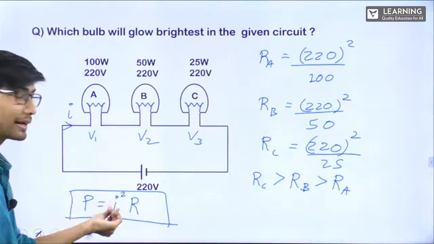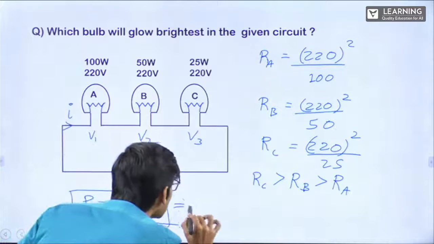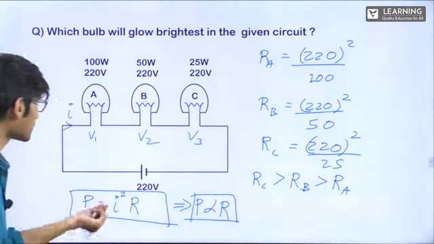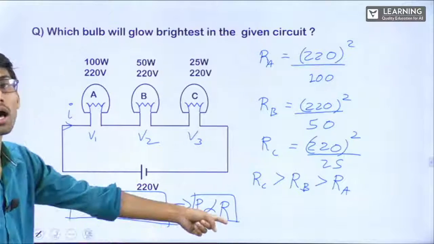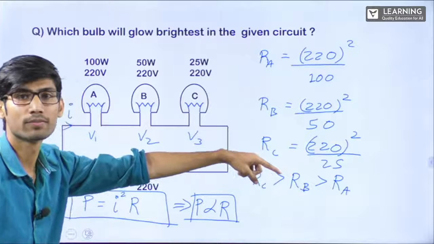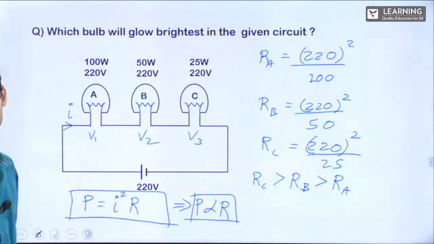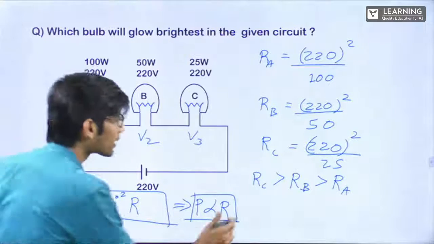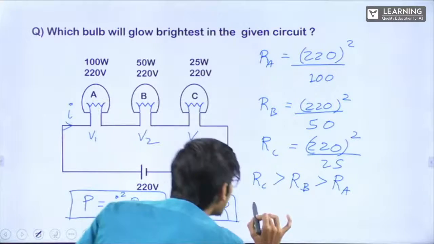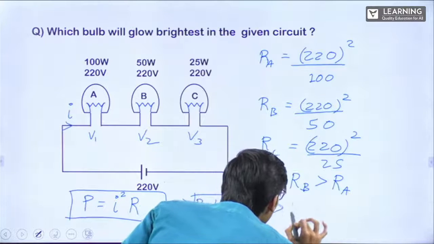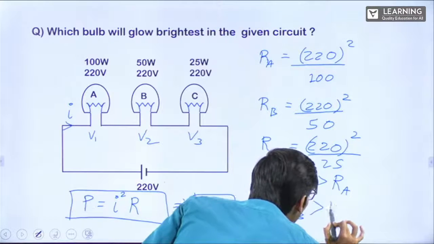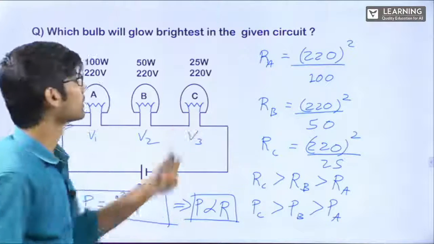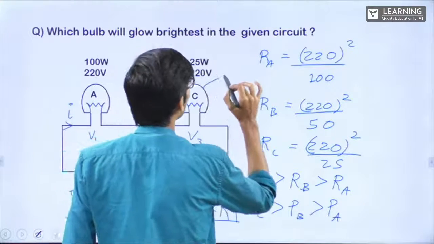So from here, if current is constant, P is directly proportional to R. Understand? If current is constant for all three, P is proportional to R. The more is the resistance, the more will be the power, and the more is the power, the more is the brightness. So here RC is the greatest. So we can say power in C will be greater than power in B will be greater than power in A. So power in C is most, right? So C will glow brightest.